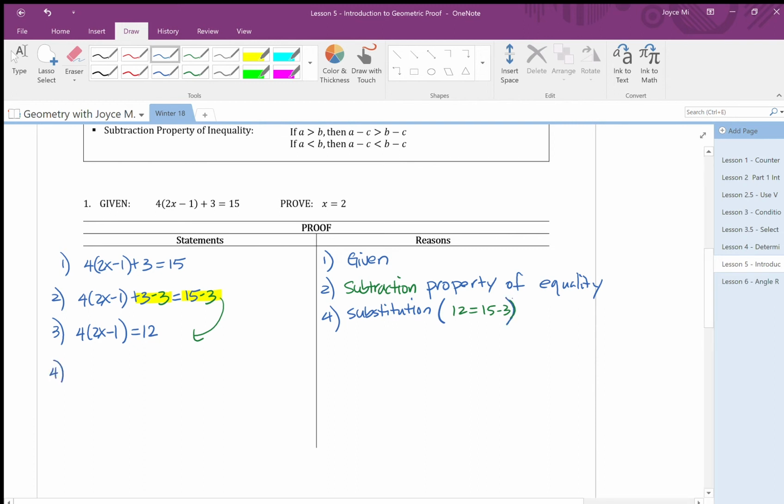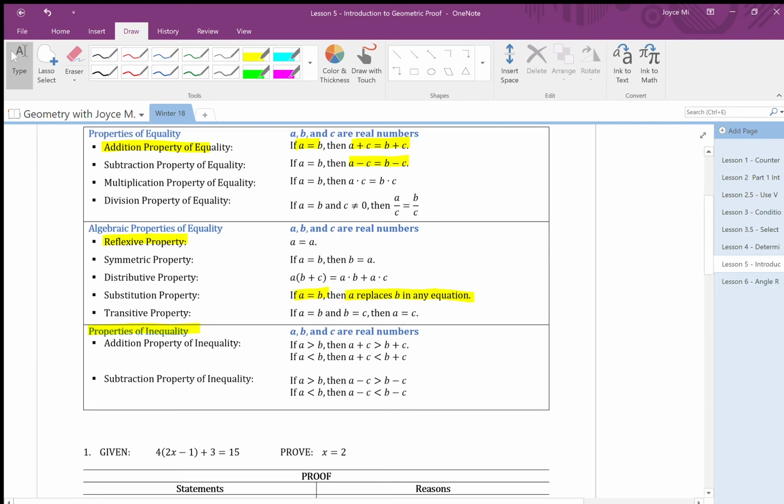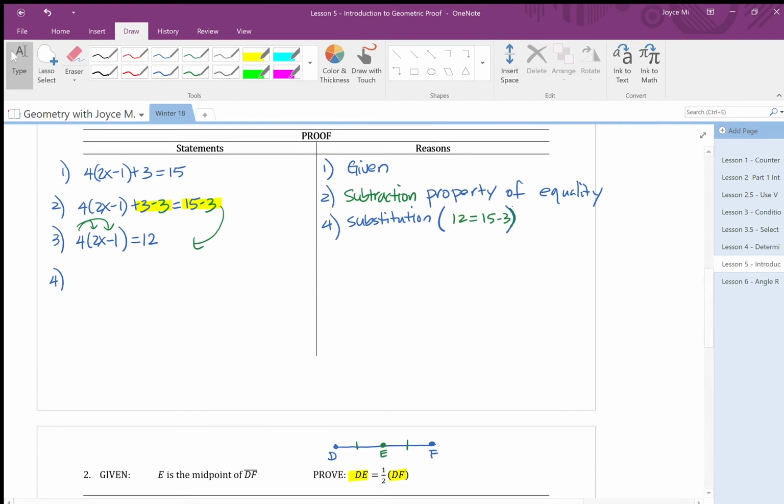Okay, so next step, number 4. What can I do? I see that some of you used a different approach, using the distributive property. The distributive property tells me that I can distribute it inside. If you're not sure, you can look it up again here. The distributive property tells me A times the quantity goes inside, in this direction. So here I'm going to use the distributive property and say 8x minus 4 is equal to 12.